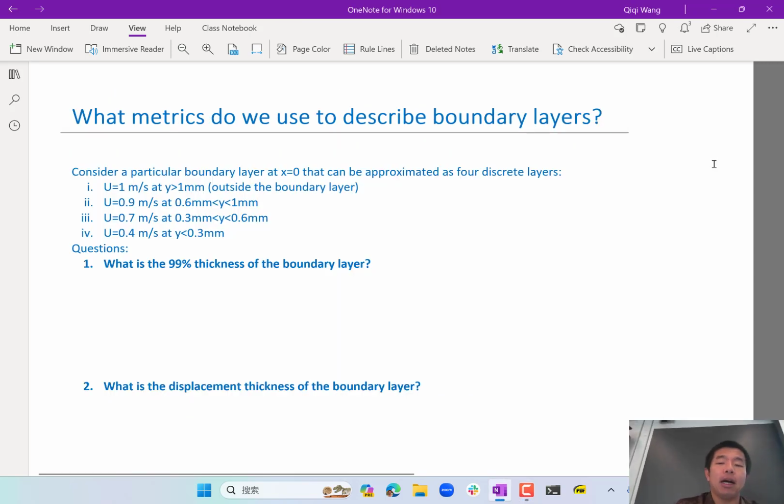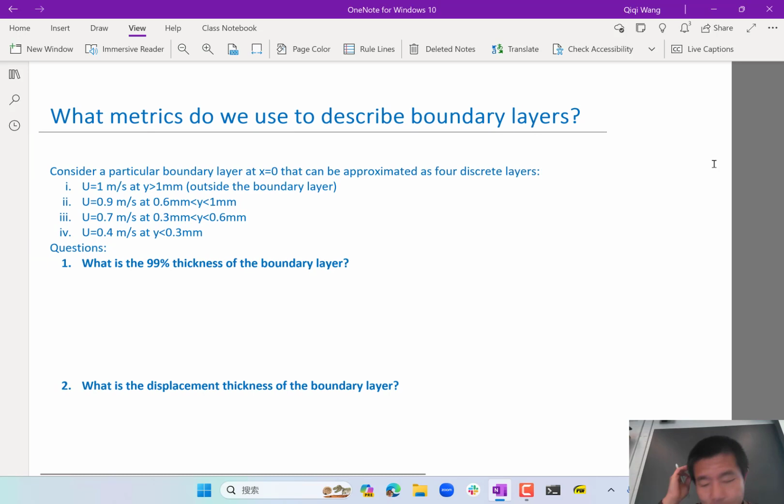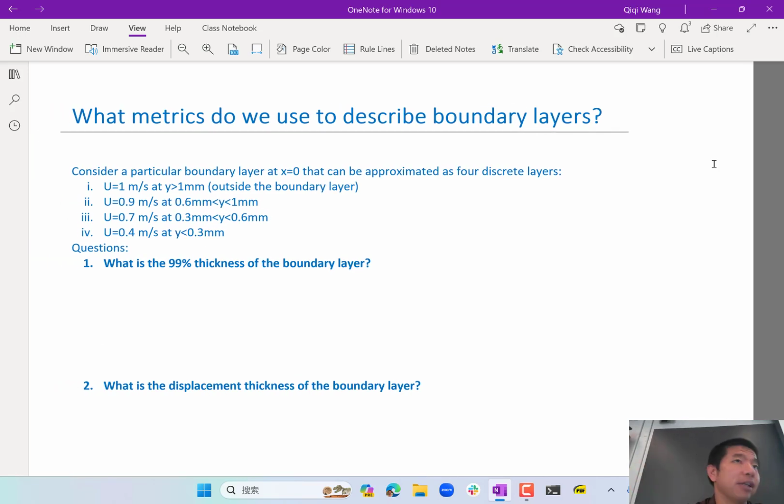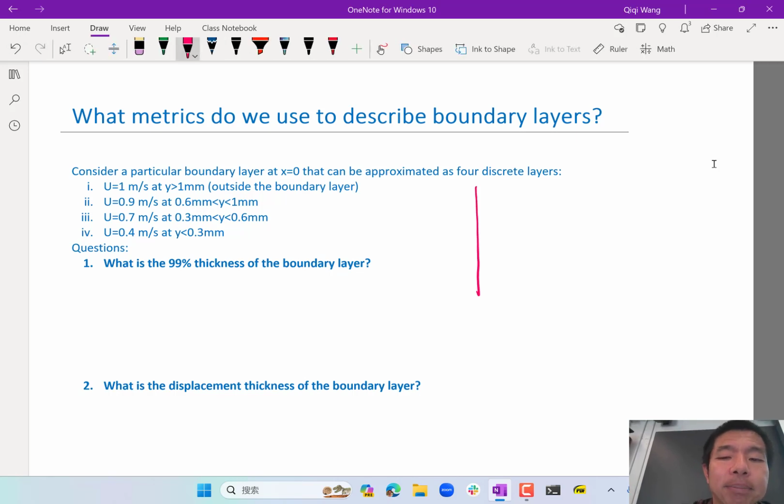And so let's first review what we got to at the end of the last lecture. We described several different metrics of how we quantify the boundary layer. Today we are going to first review these metrics and then look at how they respond to pressure forces. So we are assuming a boundary layer that has a certain profile, and this is usually how we draw the profile of a boundary layer.